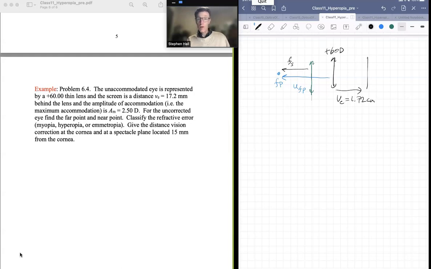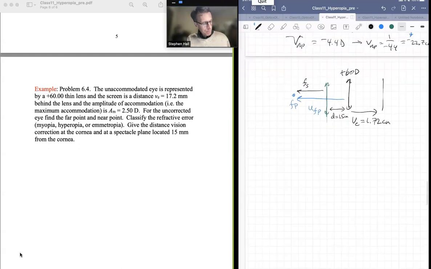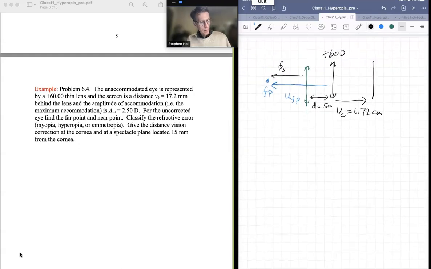And so that's why I like to draw these pictures, so I can see really clearly what that distance is in my model. And so we should also add here the distance d that we've separated these by. So this is 1.5 centimeters.